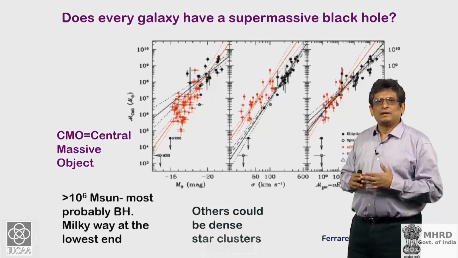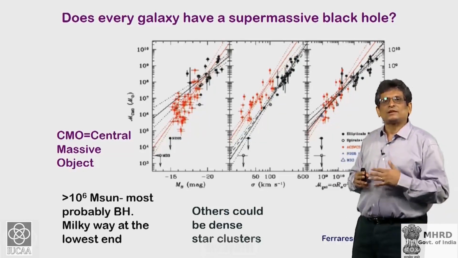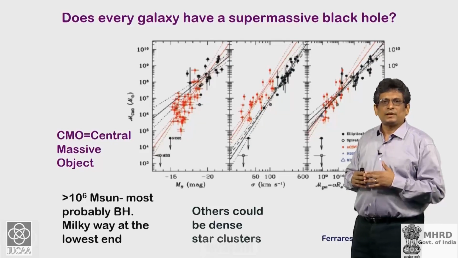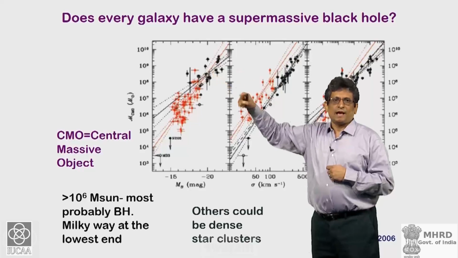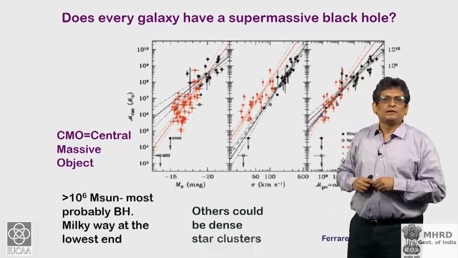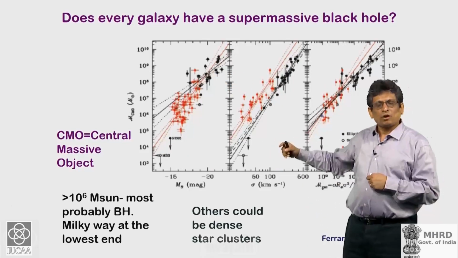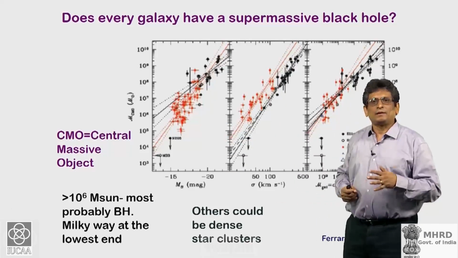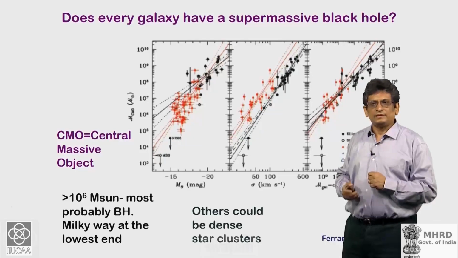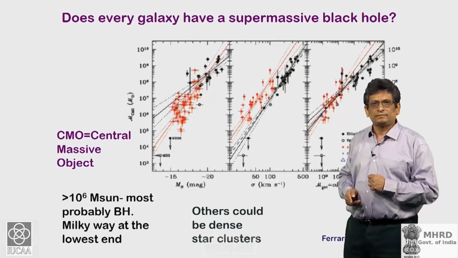They're probably very massive star clusters in the middle. But it is clear that almost all the massive galaxies have supermassive black holes in the middle. In this plot, they are marked as CMO, central massive object. The massive object is, in these cases, the supermassive black hole.